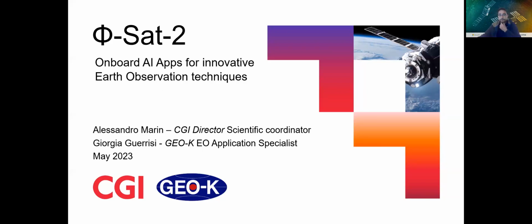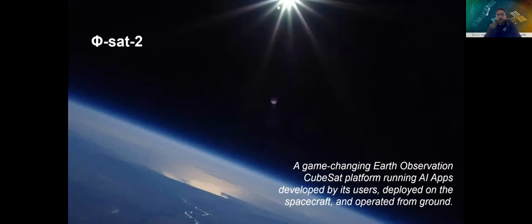Thank you. So we are going in tandem in this presentation, and I know we have really little time, but we will try together to touch some key elements. The first thing when we were designing this mission was that we wanted to build a game-changing Earth observation CubeSat platform running AI applications in space, which were developed by its own users and deployed on the space, but operated from the ground.